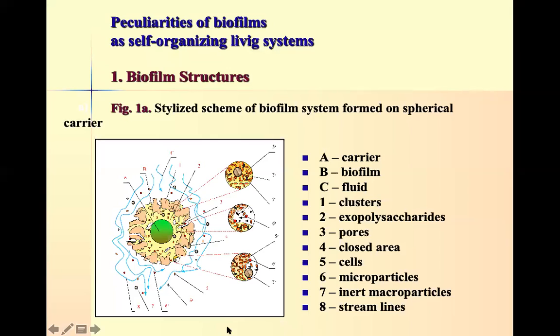For example, bacteria especially form biofilm around a substrate. This circular green one is the substrate. This substrate is a carrier. Carrier means a substrate, like a biomass particle.